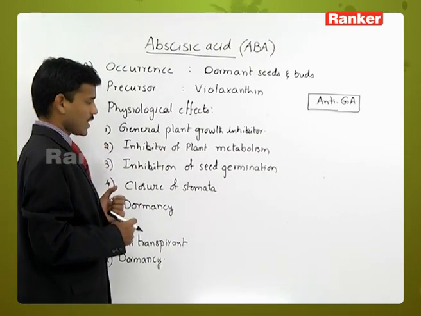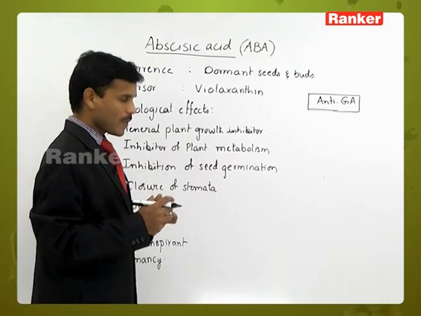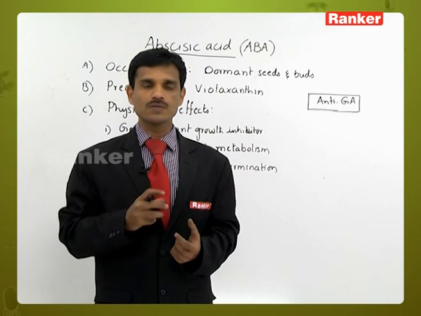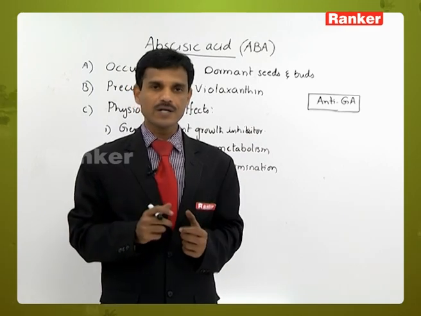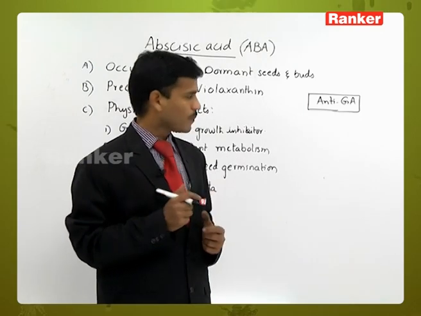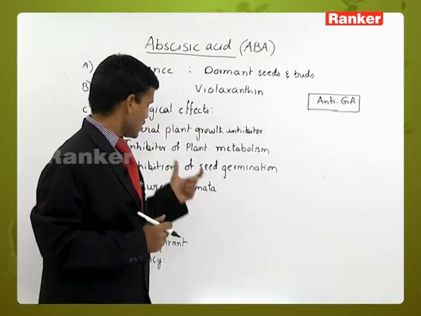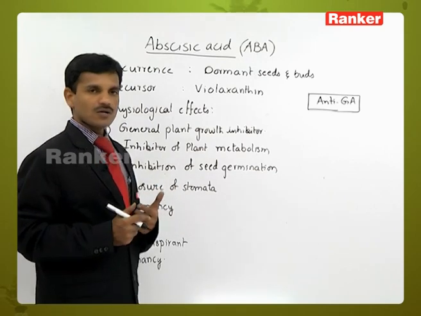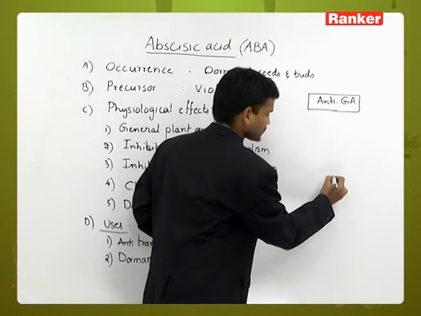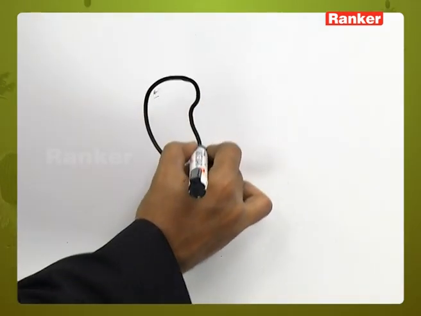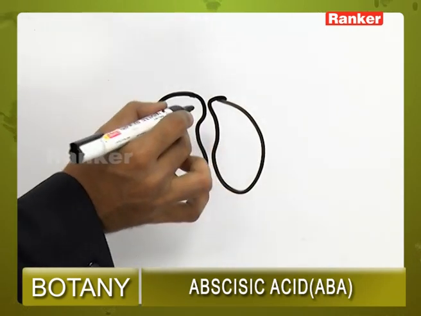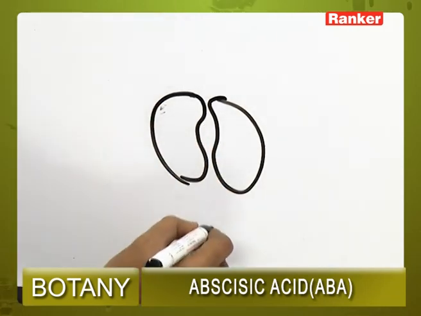Next, closure of stomata. Stomata opening and closure depend generally on the atmospheric conditions. Some hormones are also inducing the stomatal opening and closure. Why are the stomata important? For gaseous exchange. In dicot plants, these are the guard cells and this is the stomata.